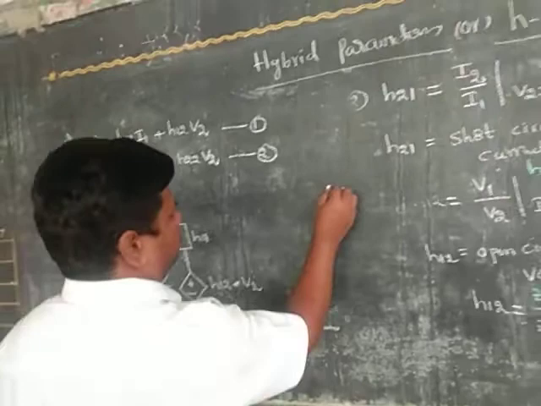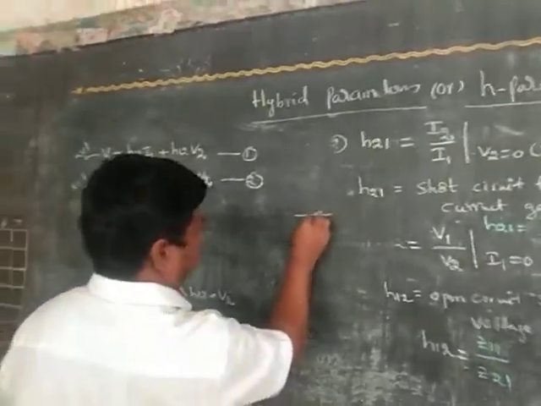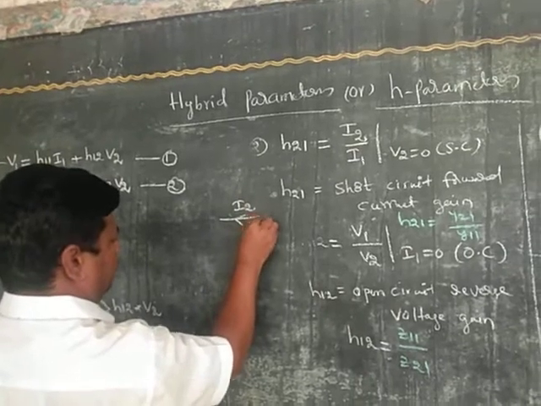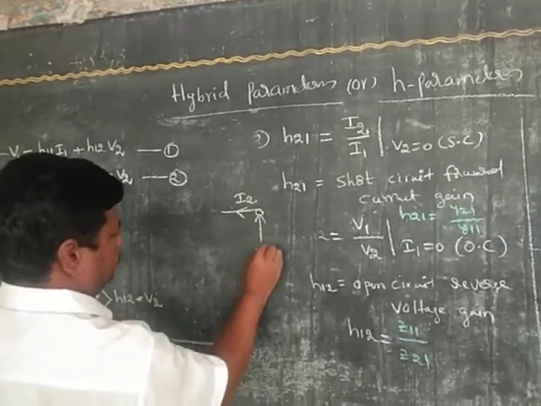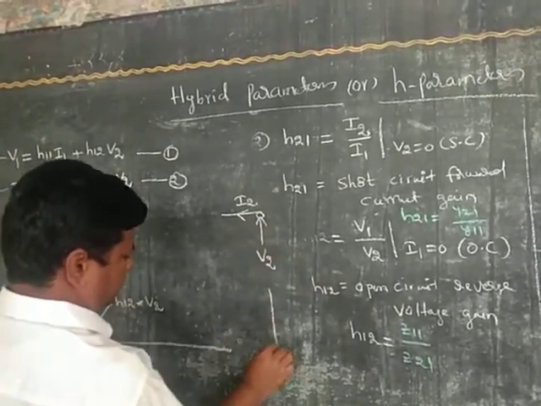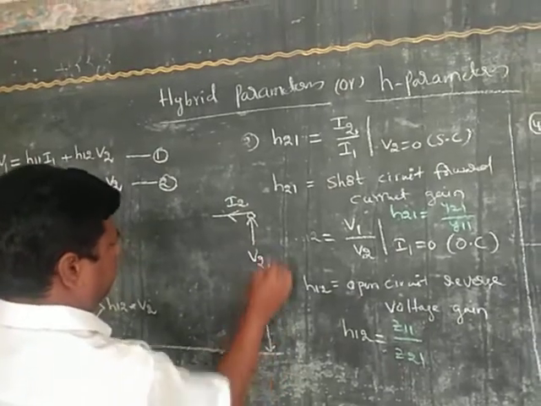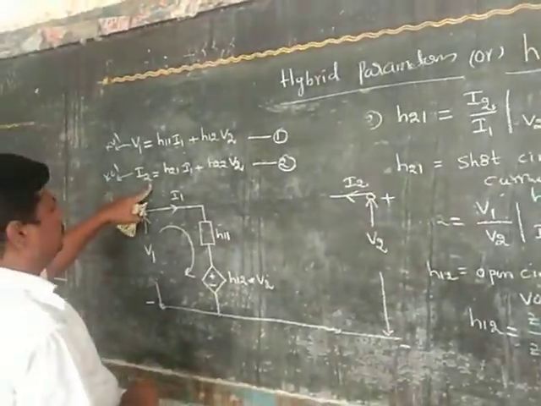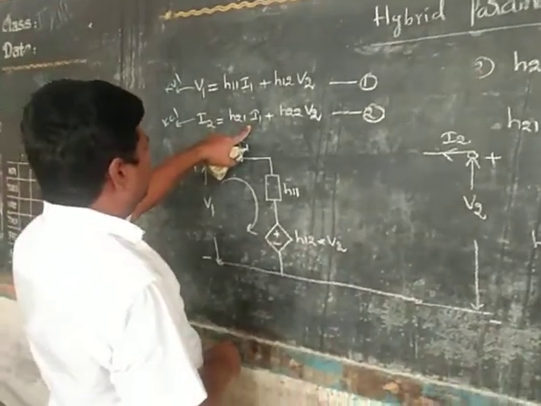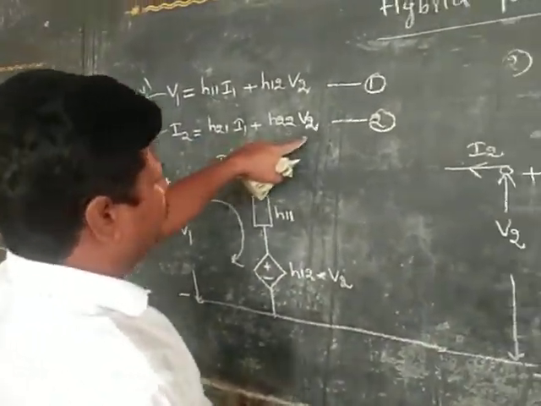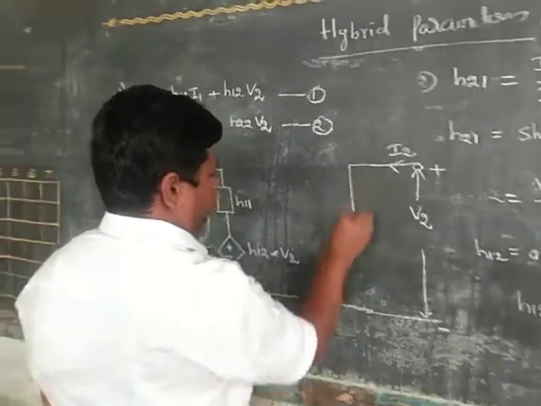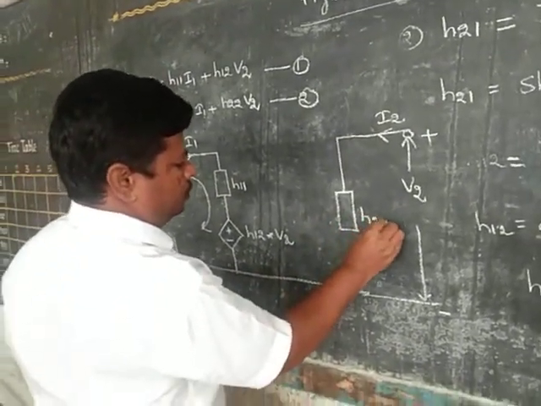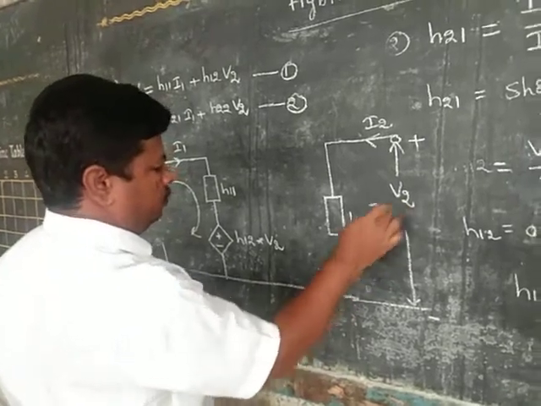And coming to the output side, this is the I2 current and this one is the V2 voltage. Using KCL, I2 is equal to the dependent current source H22 into V2 plus another one.